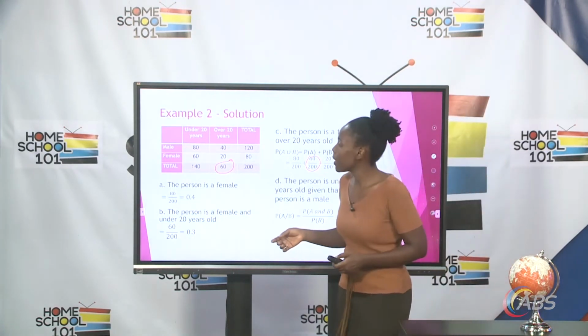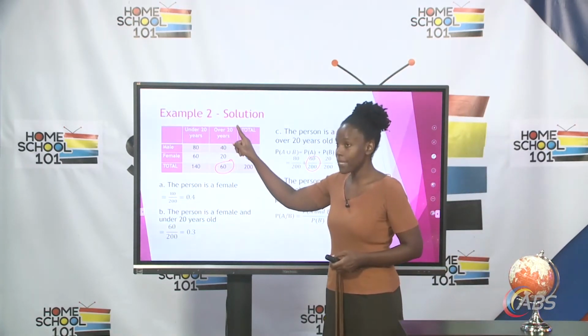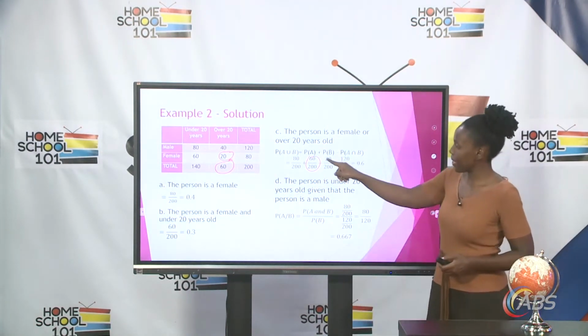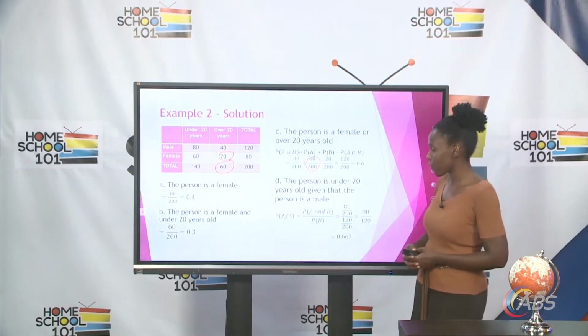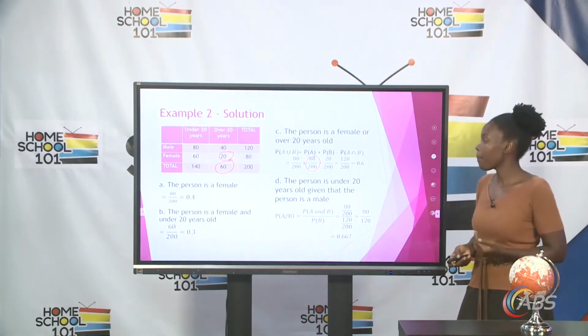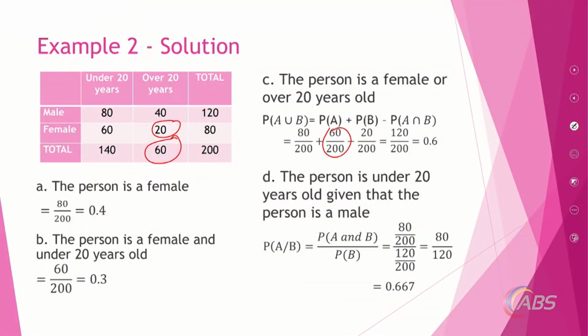So we look for the category over 20 years and female, and that would be 20. Hence, it is minus 20 over 200. So it becomes 80 divided by 200 plus 60 divided by 200 minus 20 divided by 200. And that gives us 120 divided by 200, which is a probability of 0.6.